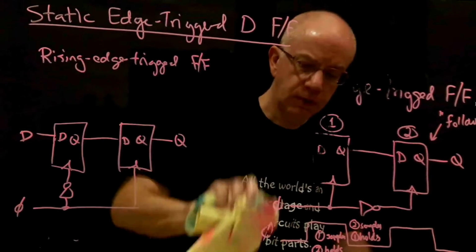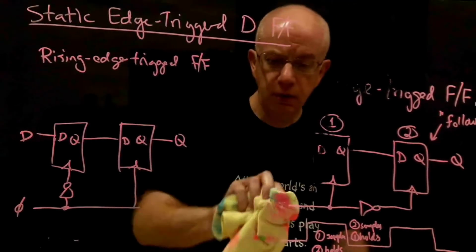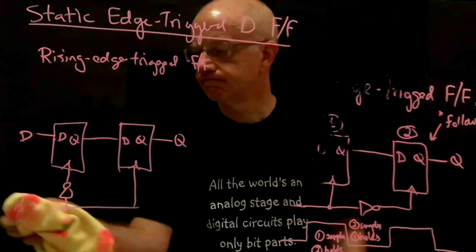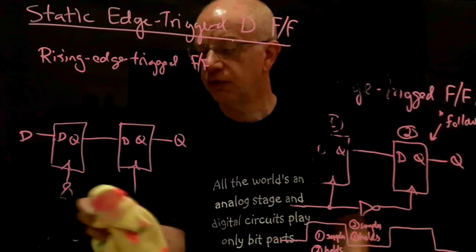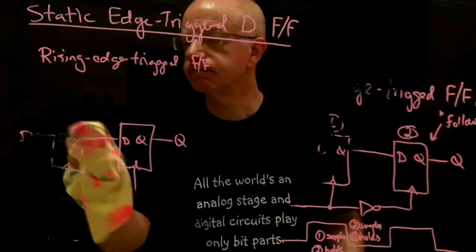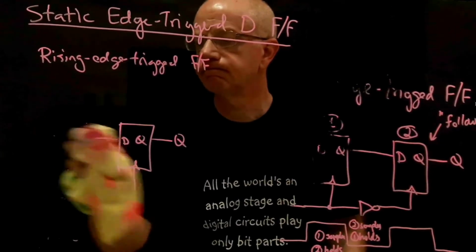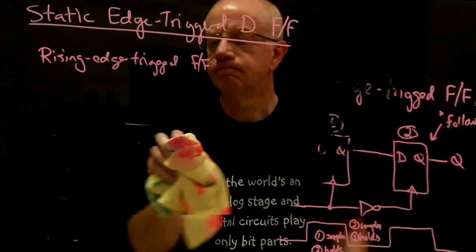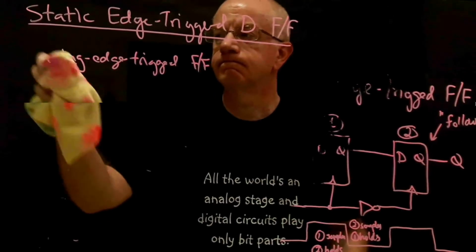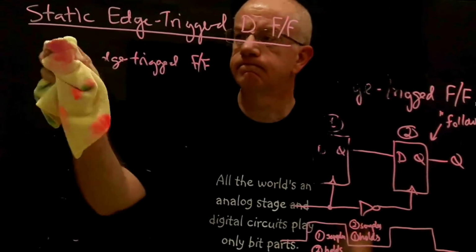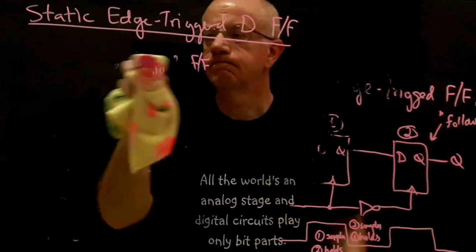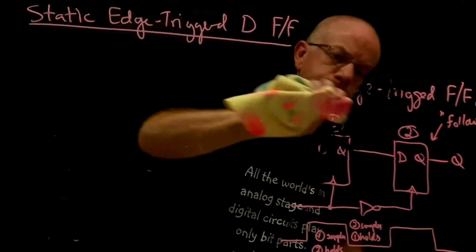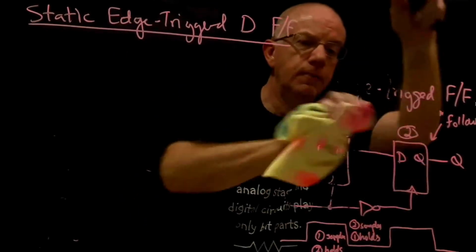Okay, so let's imagine our falling edge triggered version, which I guess I shouldn't erase if I'm going to talk about it. Let me erase it anyway.